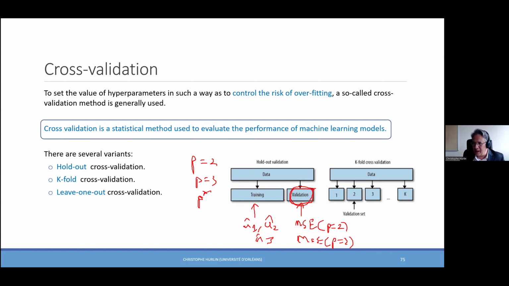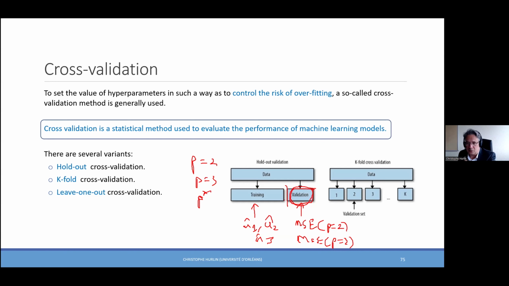Because I am in the same configuration as if I considered a test set, so a new data set. I assess the performance of my model on a subset which was not used to train the model. Is it clear?